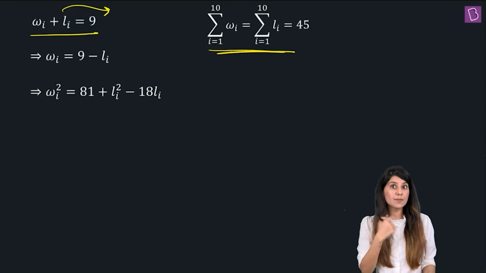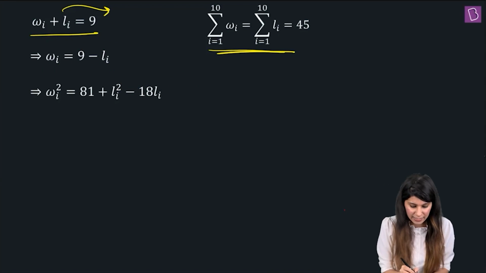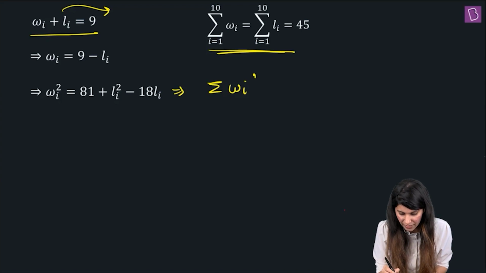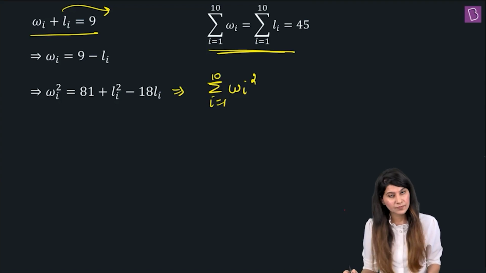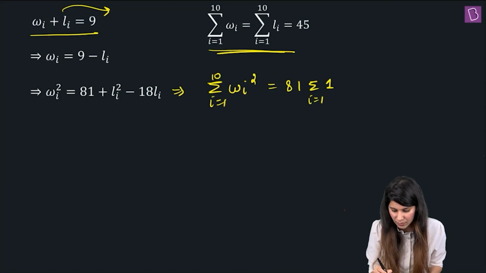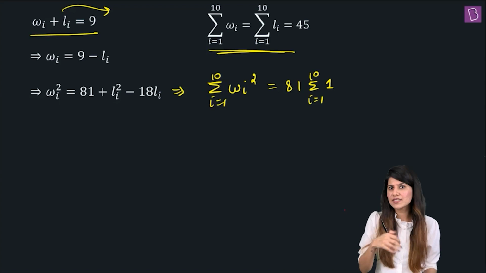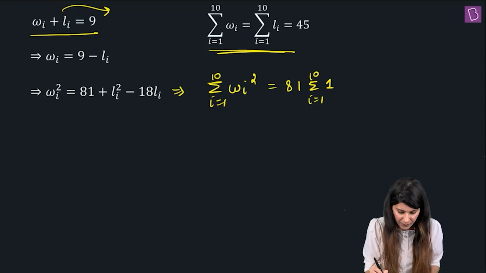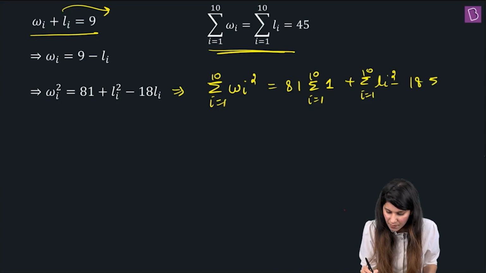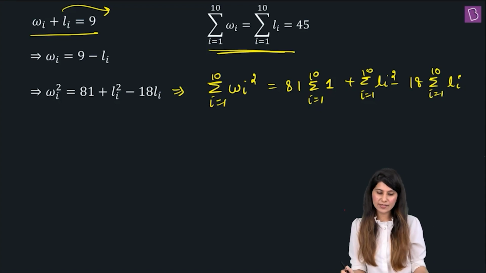Now I want sigma Wi square. For that, I need to apply sigma to each and every term. So sigma Wi square, index 1 to 10, equals 81 sigma 1, index 1 to 10, plus sigma Li square, i equals 1 to 10, minus 18 sigma Li, with 18 outside the sigma.